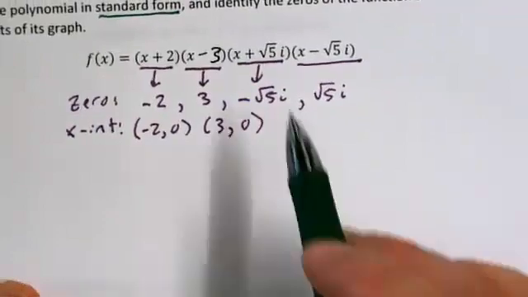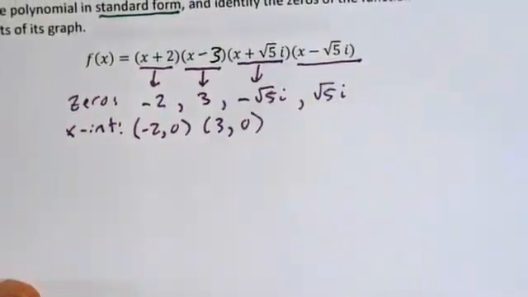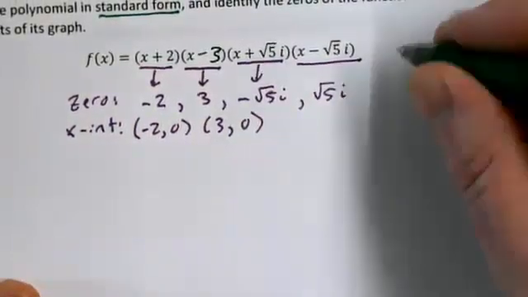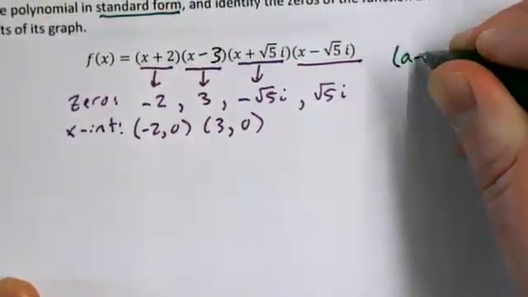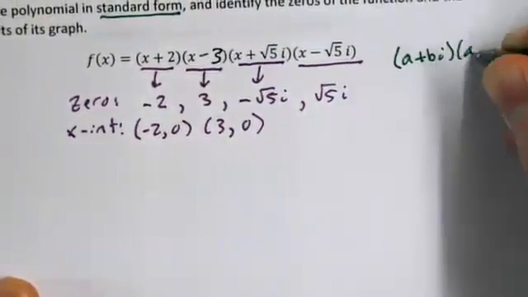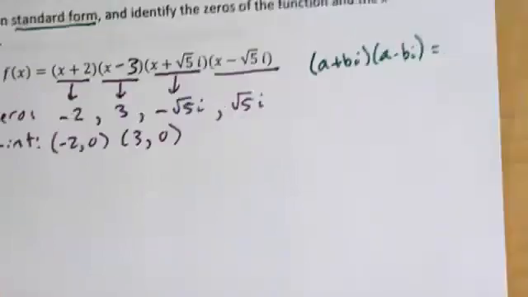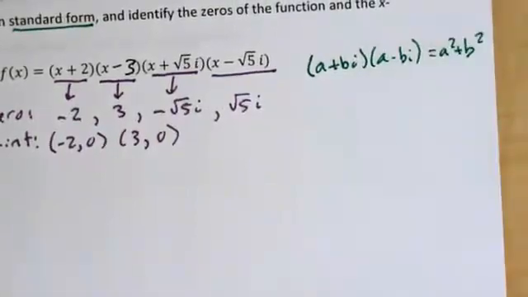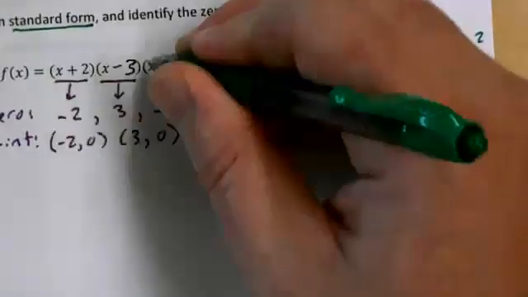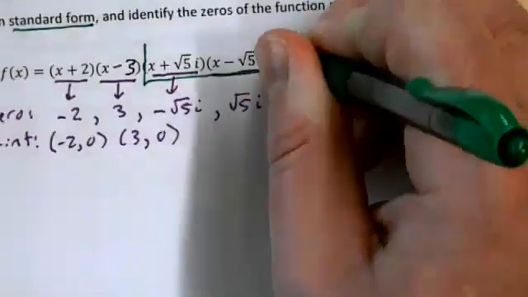One of the shortcuts, since we're dealing with complex conjugates here, would be the complex conjugate shortcut, which is that a plus bi times a minus bi is equal to a squared plus b squared. So I am going to do that to multiply out these two factors.